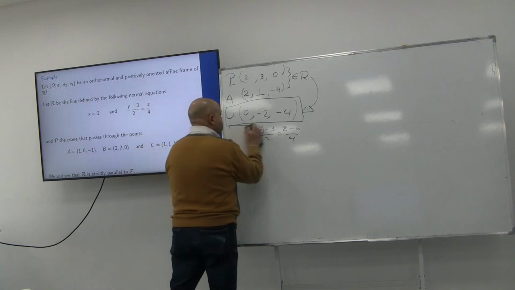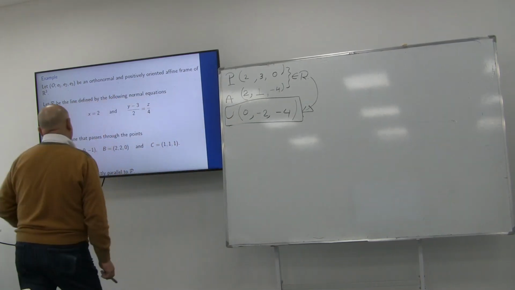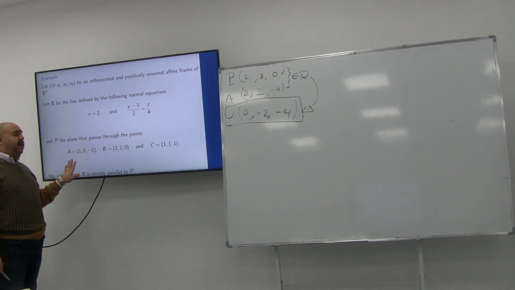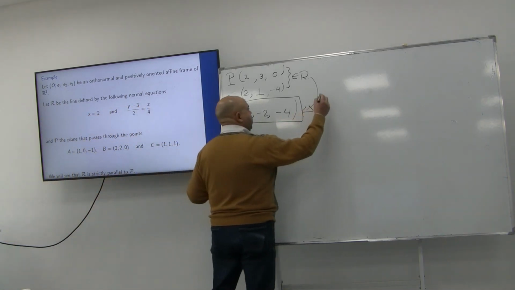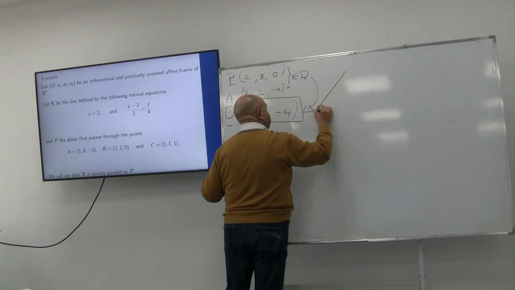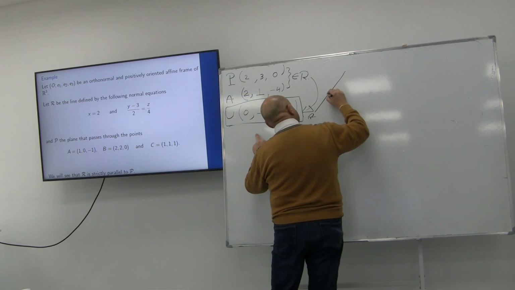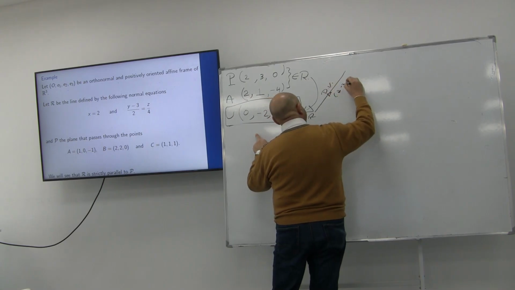Okay, so this is the advantage of knowing the information about the straight line. Also, it makes it clear that we are going to use a plane. So if I want to draw this, this is my straight line R, which has the direction vector (0, negative 2, negative 4).